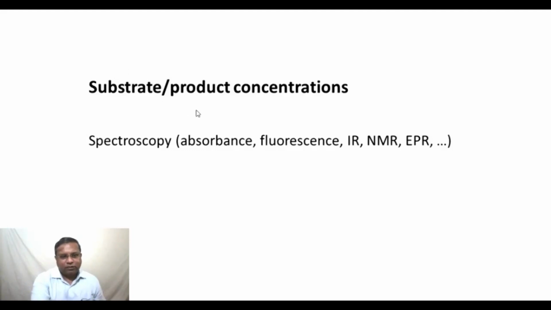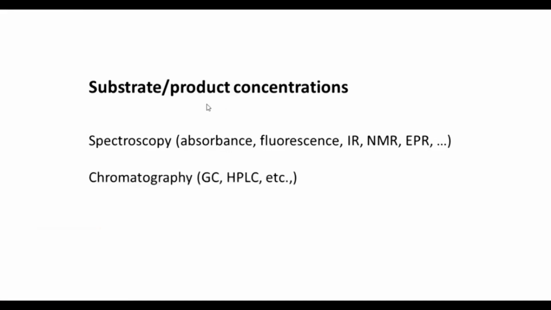There could be fluorescent substrates and fluorescent products that can utilize this method. IR spectroscopy, infrared spectroscopy, we did talk of something related to that, near IR. NMR, nuclear magnetic resonance spectroscopy, and EPR, electron paramagnetic resonance spectroscopy, can all be used. Spectroscopic methods can be used for offline measurement of concentrations of substrates and products.